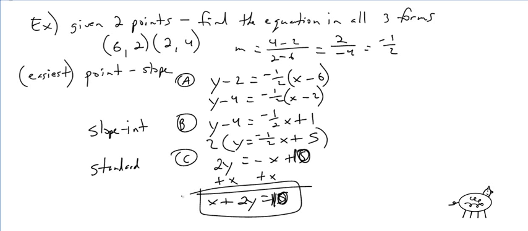All right, let's talk about parallel and perpendicular lines. What other word can we use instead of perpendicular? Orthogonal. That's from last couple chapters ago, right? Okay, so let's talk about slope.